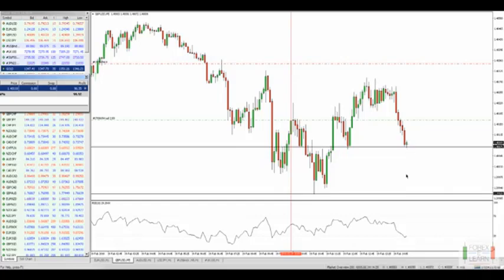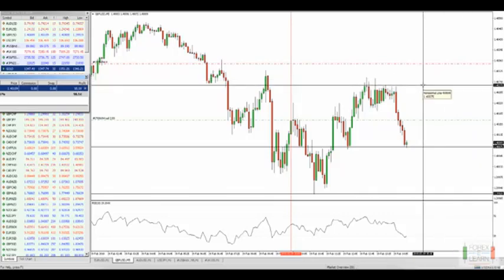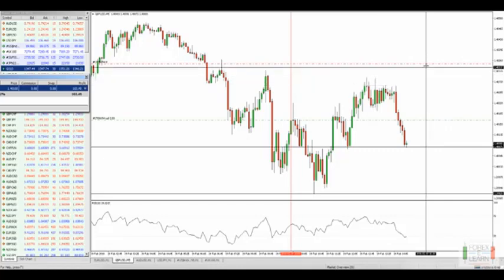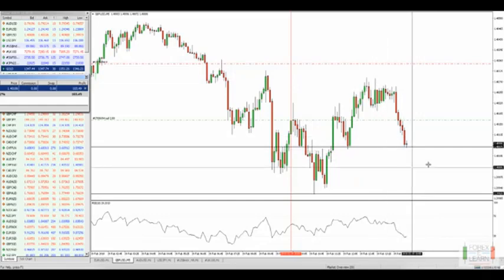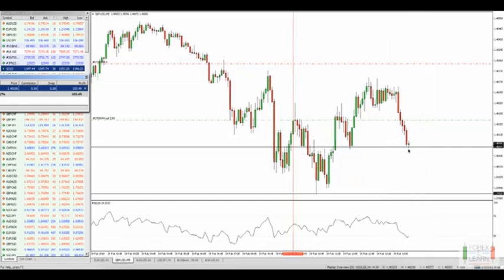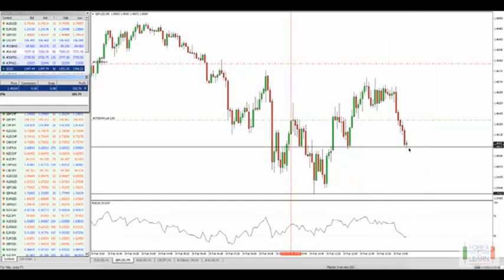Until we get through 140 guys, I'm not going to do anything with the stop, but if we do get through 140 then I will be trailing the stop a little bit tighter, say to around 140.30. I know it's not a lot, but 5 ticks is still 5 ticks when you're trading the volume. It's all relative. So yeah, nothing more to report guys. Let's see if we can get a flush through 140.